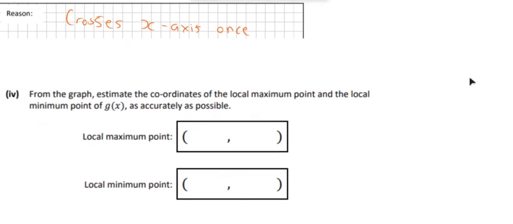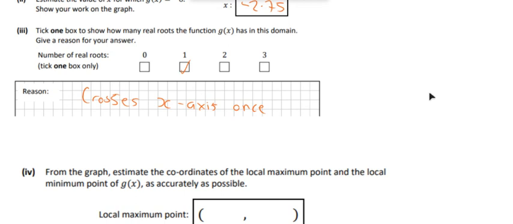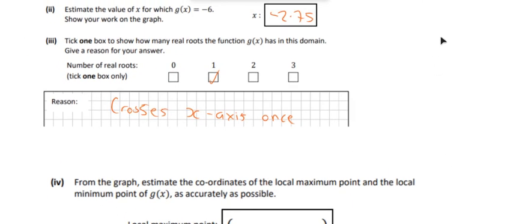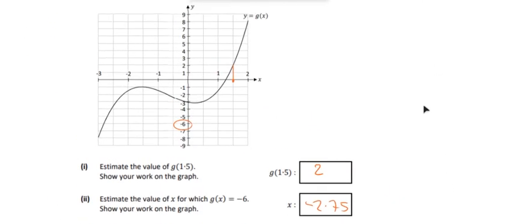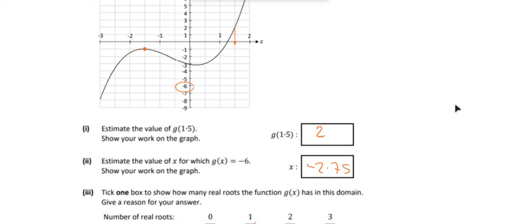From the graph, estimate the coordinates of the local maximum point and the local minimum point. So yeah, as accurately as possible. There'll be a bit of a tolerance here if you don't get it perfect. So the local maximum anyway is here, I'd say. So it's minus 1.5, minus 1.